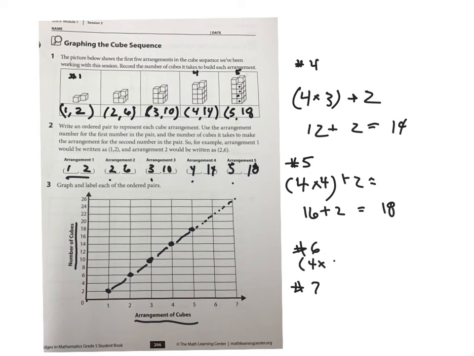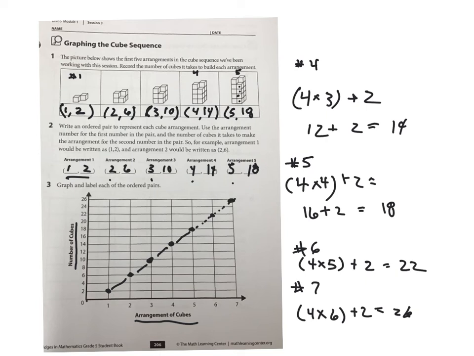Arrangement number 6 would have 5 layers plus the 2 more on top. So we get ourselves 4 times 5 is 20 plus 2. We'd have 22. Number 7 would be 26. Let's see if that plays out.